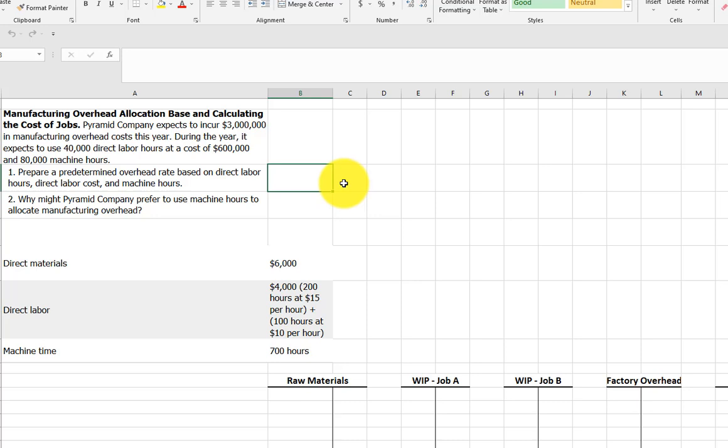So we're going to take our total manufacturing overhead costs. They could be fixed and variable. And divide by the direct labor hours first. We want to label that, that is per direct labor hour.